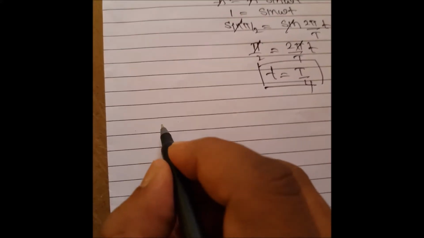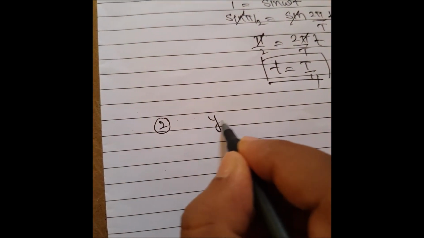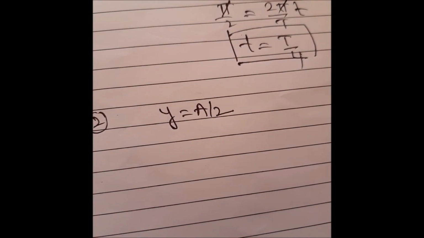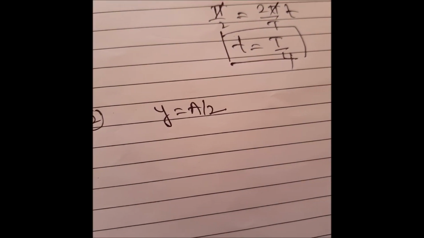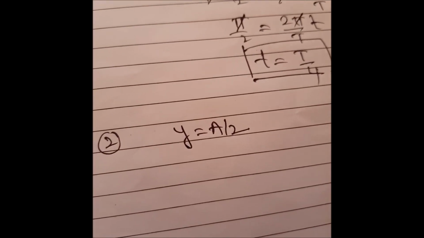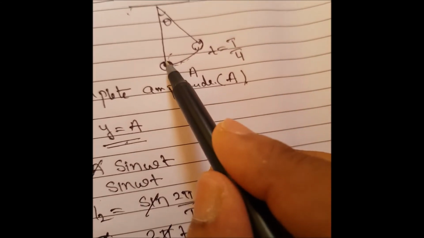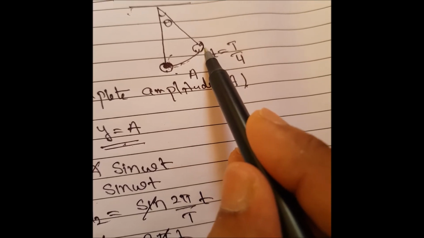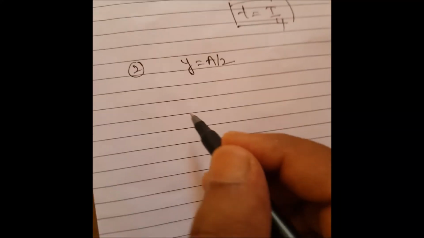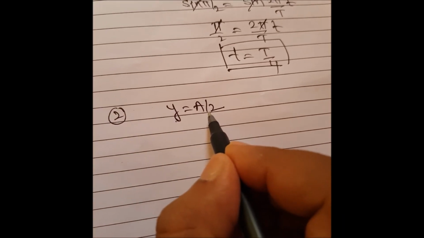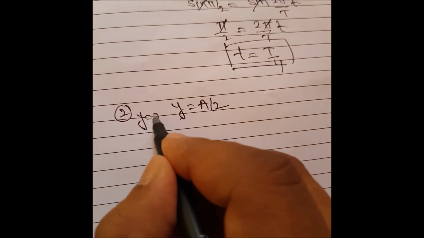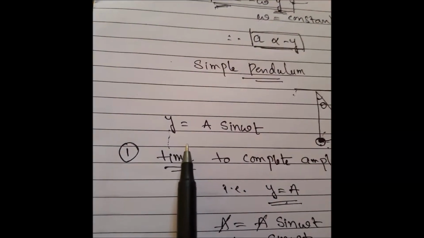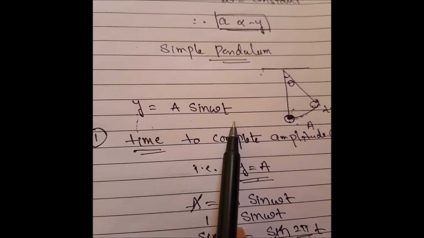Now, what is the time taken to travel half of the amplitude? That is y equals a by 2. Case 1 was mean point to extreme point, 0 to a distance. Now it is 0 to a by 2 distance. Same equation, displacement y equals a sin omega t.